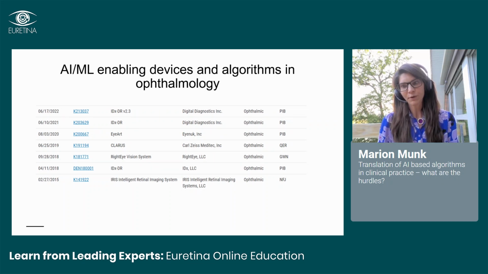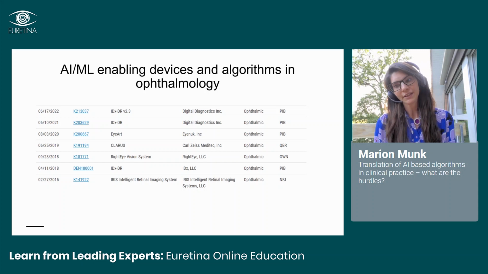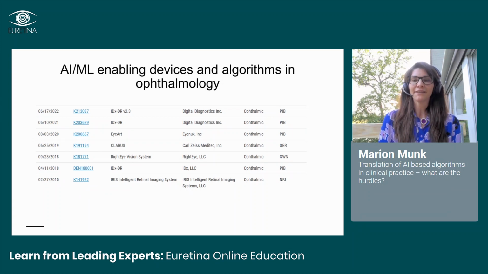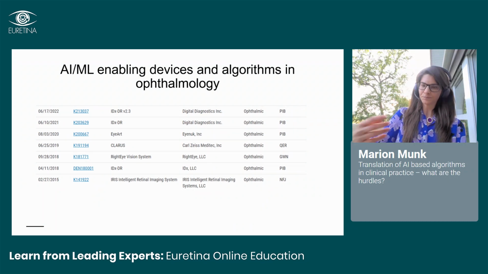All of these software versions have to be cleared and approved by the regulators. For the US, it is of course the FDA. For the European Union, it is the EMA, and usually you need a CE mark in order for the algorithm to be approved so everyone can use it in clinic.